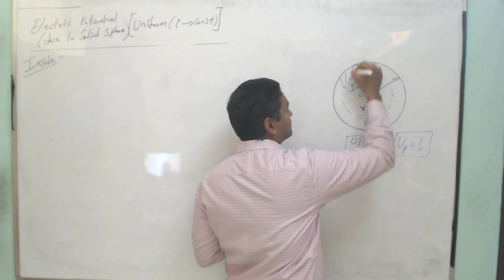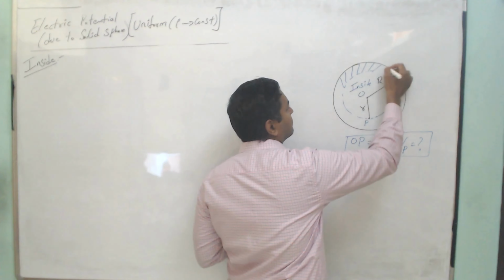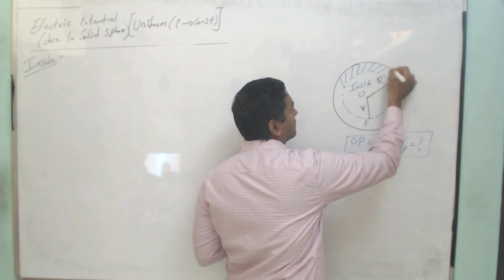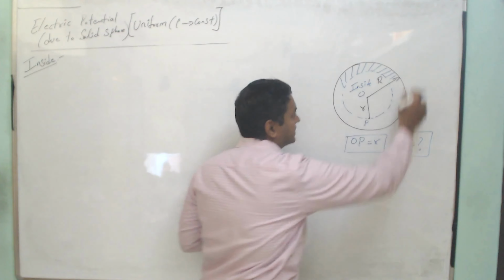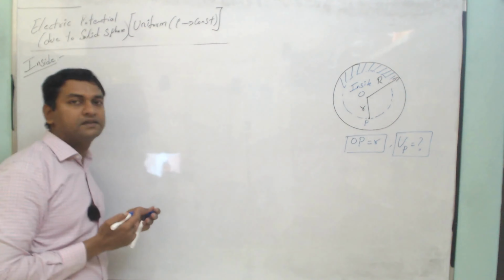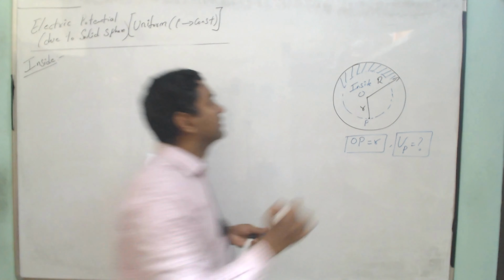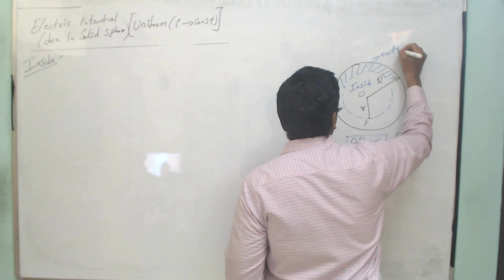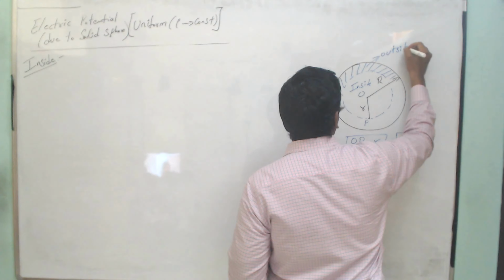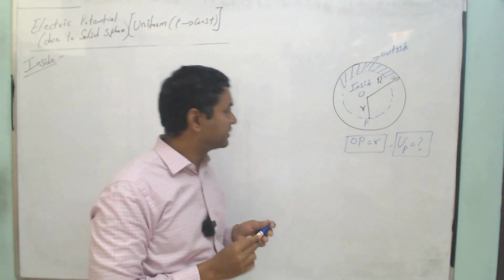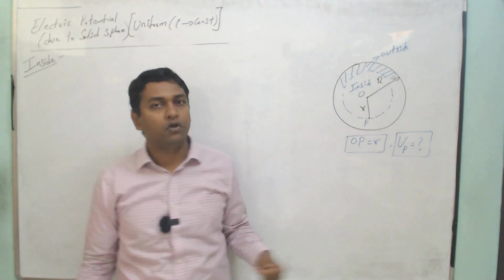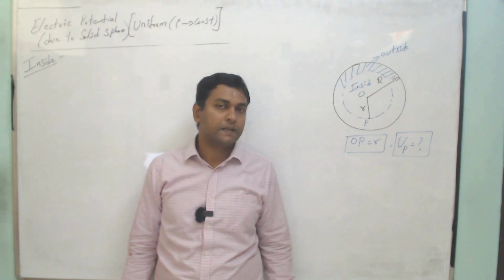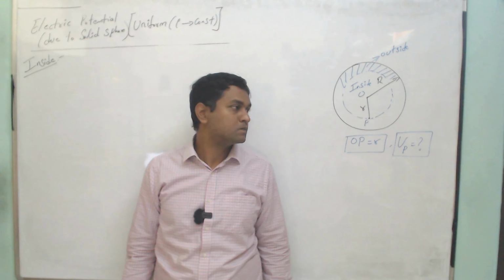The outside section is basically the one that I am highlighting. The entire thing is the outside section, and inside my sphere is what I am calling the inside section.